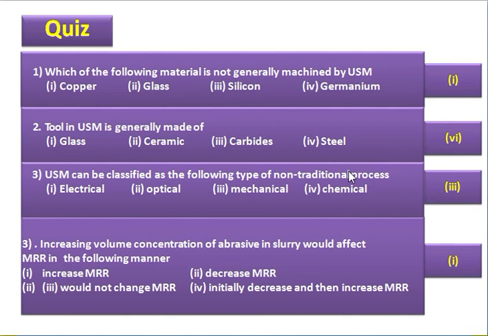Now the next question: USM can be classified as which type of non-traditional process? I have already mentioned this in my first lecture as well as in the fifth lecture. The options are electrical, optical, mechanical, chemical. The correct answer is mechanical.